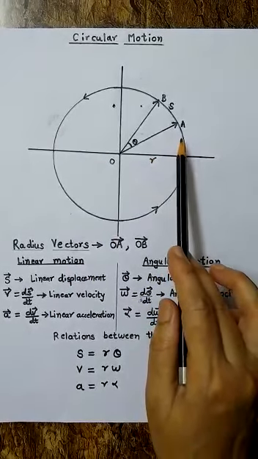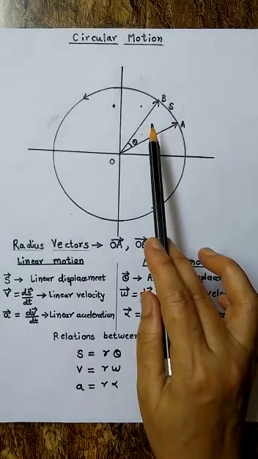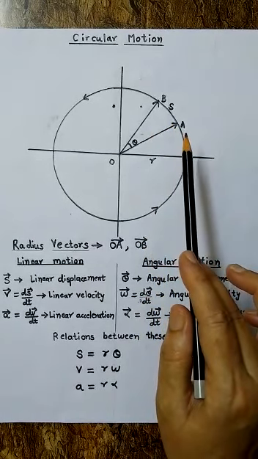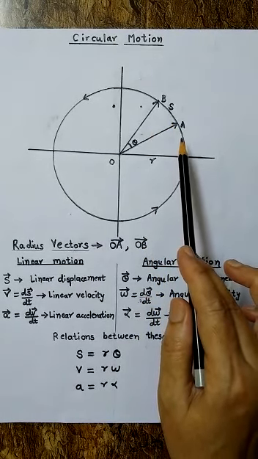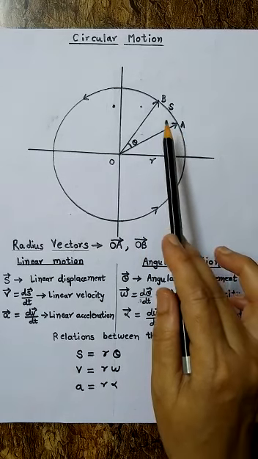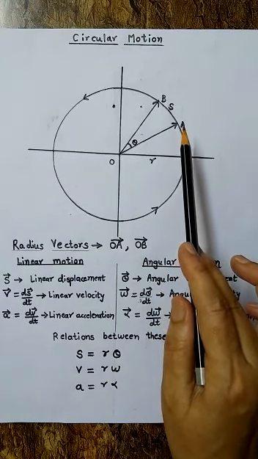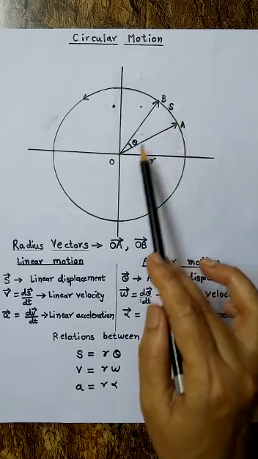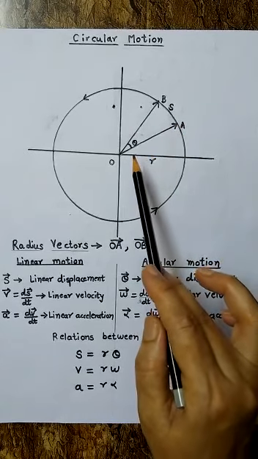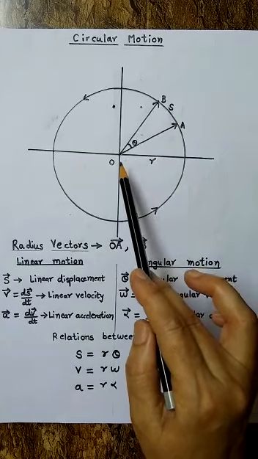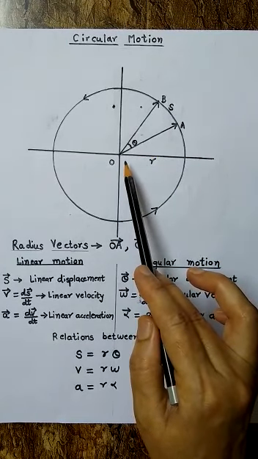As the particle moves from point A to B, the linear displacement of the particle is the length of arc AB, which is equal to S. When the particle moves from A to B, the radius vector subtends angle theta at the center of the circular path.